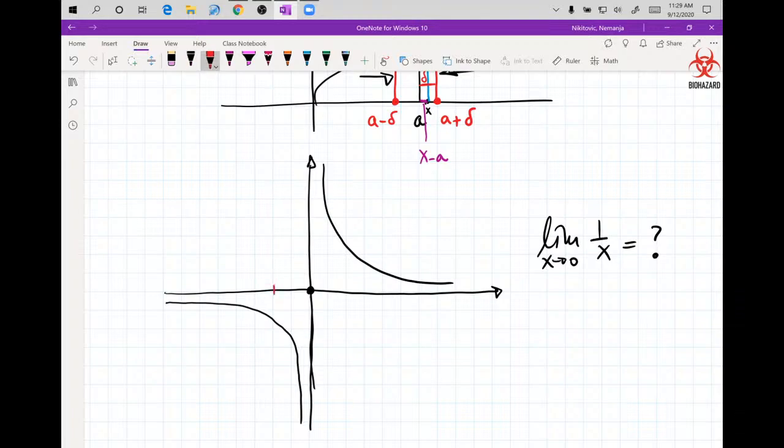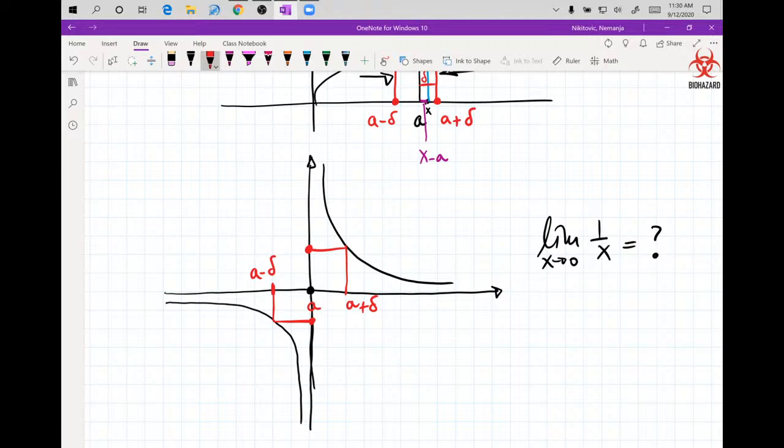Well, if this is my a, then this is a minus delta. And as you can see, it gives me this value here. And if I go to the other side, let's say here, then I have this value here, and this is a plus delta.